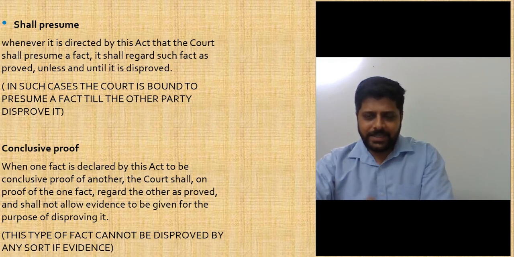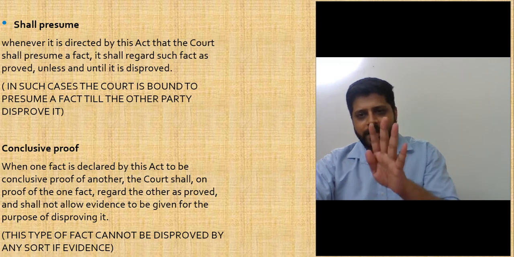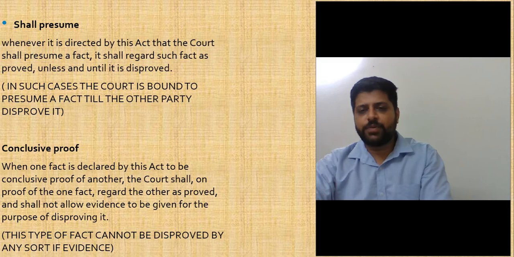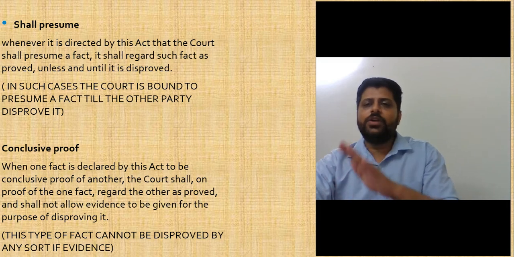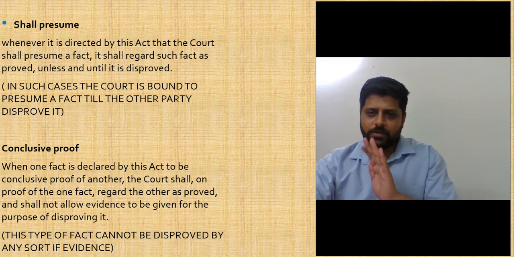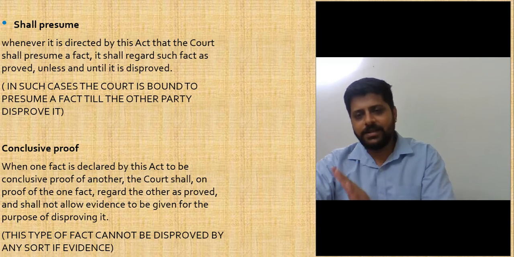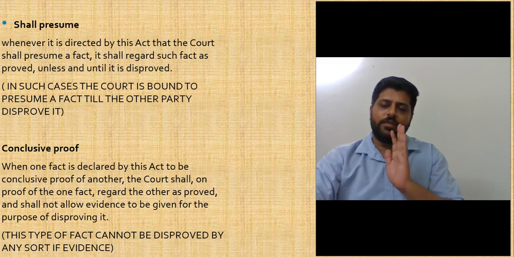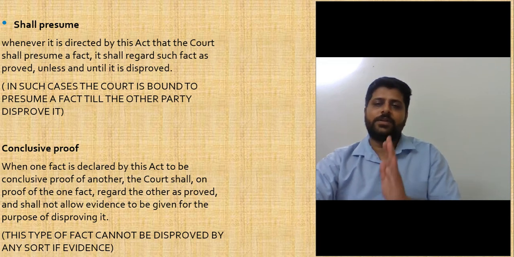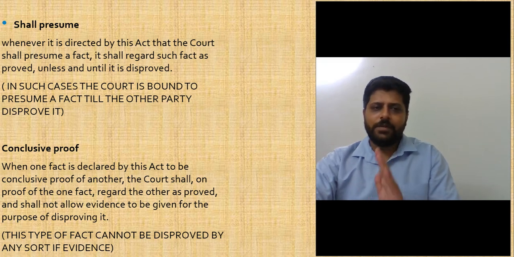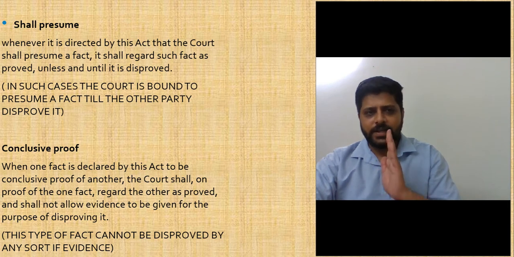Until and unless that particular fact is disproved by the party, the court will always presume that fact. I hope you must have got it. Until the other party disproves the fact, that this fact does not exist, the court will presume that the fact exists.